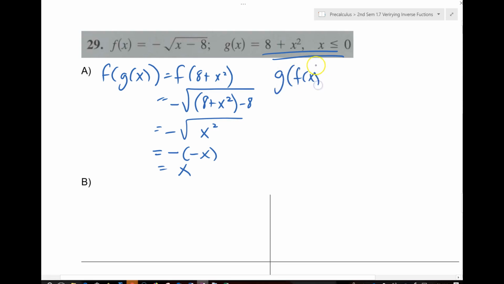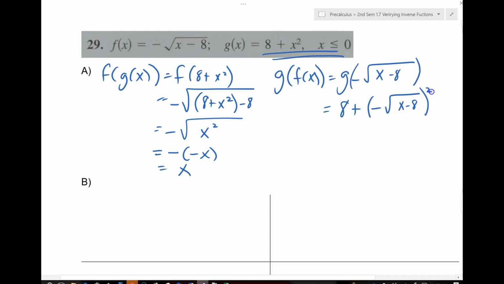But again, doing the same type of scenario, the negative square root of x minus 8 goes in for our function g here. So we get 8 plus, parentheses are going to be huge, the square root of x minus 8 squared. All right, guys, here's where we need to remember our good old math functions.